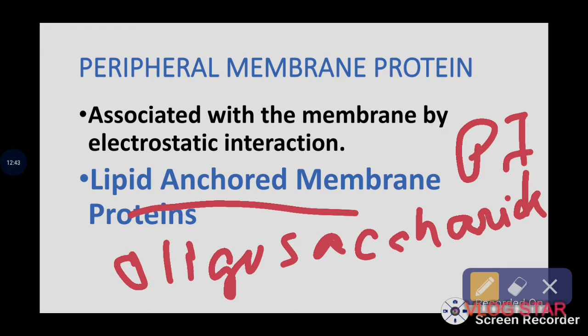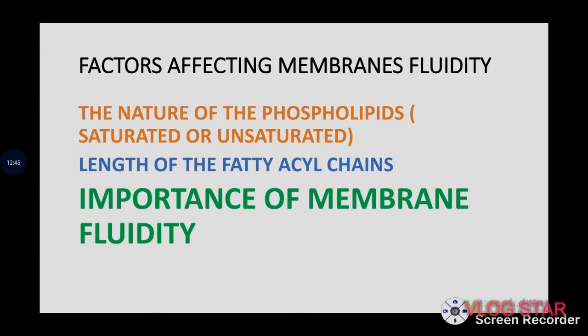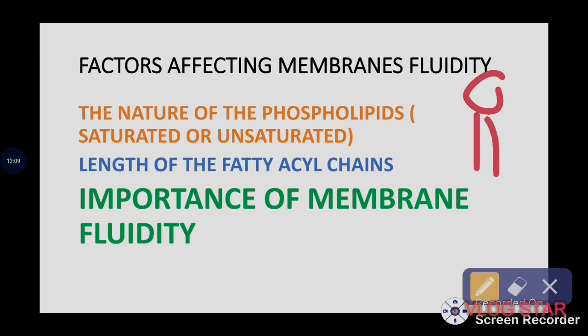Now, factors affecting membrane fluidity. It is a very important topic. The first is the nature of the phospholipids. If an unsaturated phospholipid is present, meaning a phospholipid having a double bond in the fatty acyl chain, then, as we know, if this is a phospholipid molecule with its fatty acyl chain, a double bond will look like this.